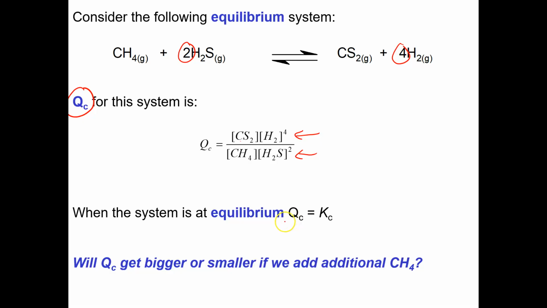When the system is at equilibrium, Q will equal K. Now, if I add some methane to this system, the bottom line gets bigger, which means that Q would get smaller.